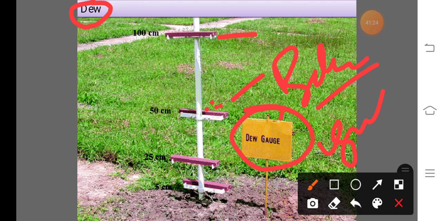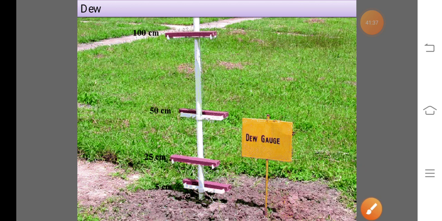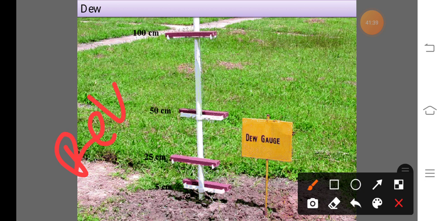The height of this dew gauge is 100 centimeter or 120 centimeter from the ground surface. This dew gauge was developed by scientist Devyani. The scientists developed the dew gauge for measurement of dew.